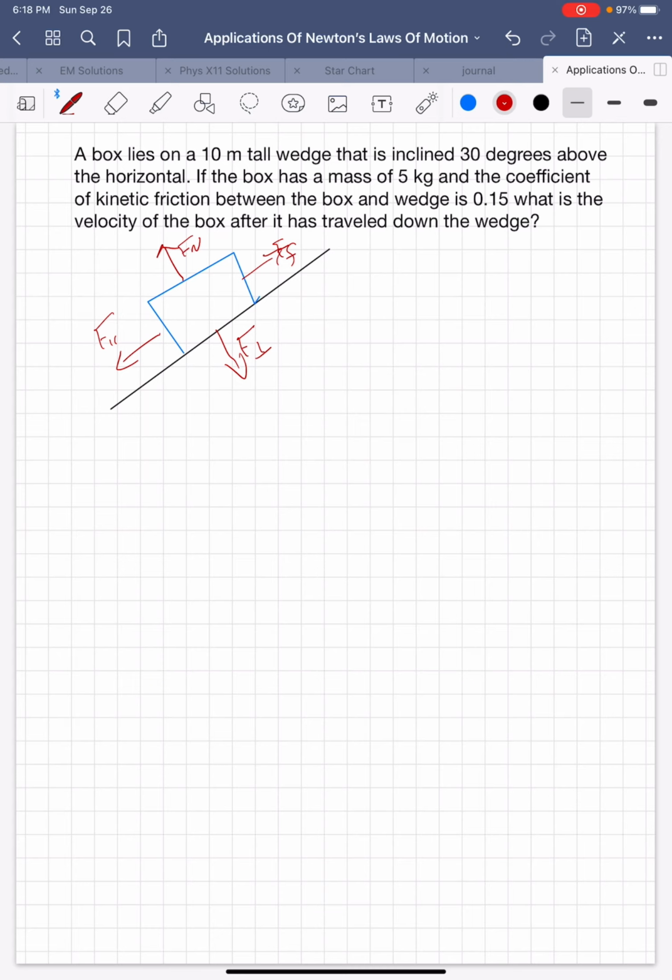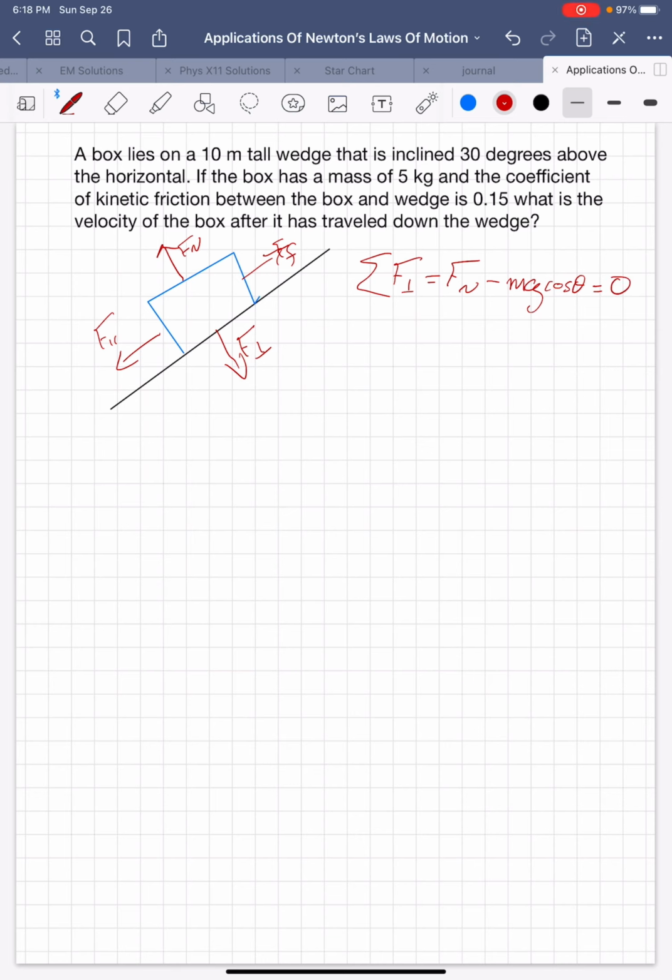So how am I going to solve this problem? Well, I'm going to have to find the acceleration, and to do that, I'm going to have to look at Newton's second law. So in the perpendicular direction, I know that the normal force minus the perpendicular component of the force of gravity, which is mg cosine theta, equals 0.